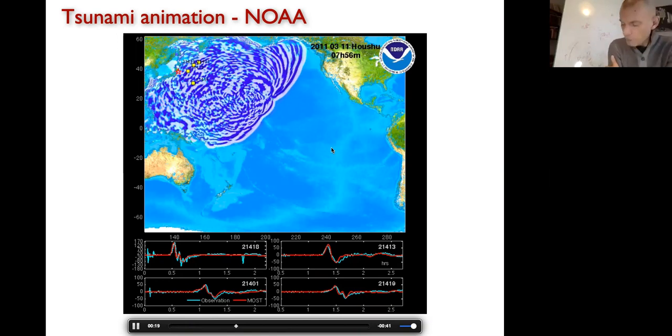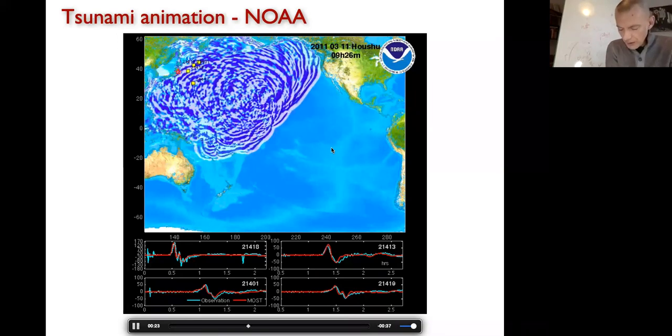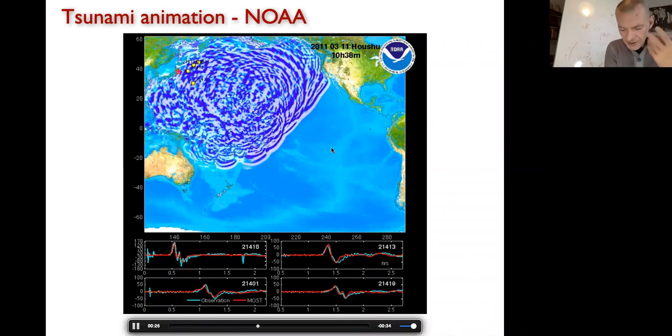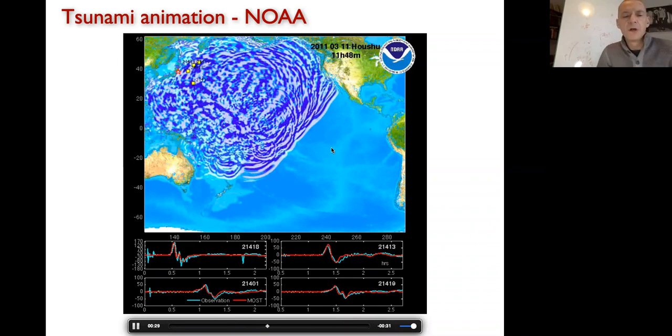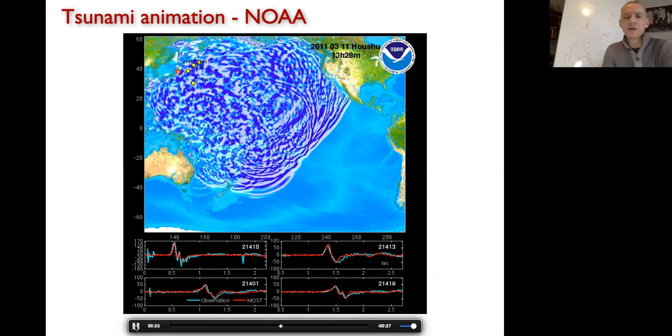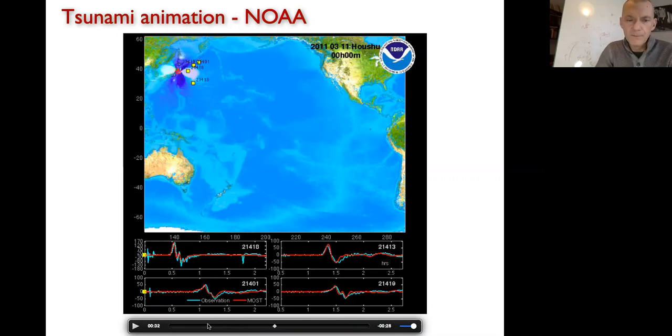Now, this movie here is very important. Why? Because it's telling us some important features of the tsunami physics and hazard. First, let me go back. Look at the time on the top right.